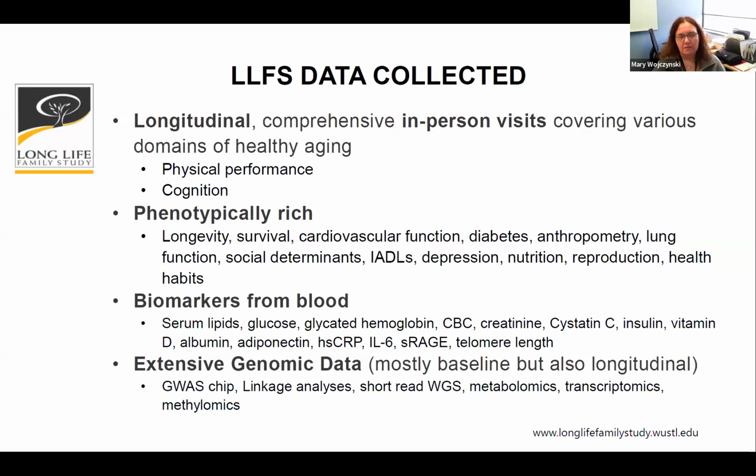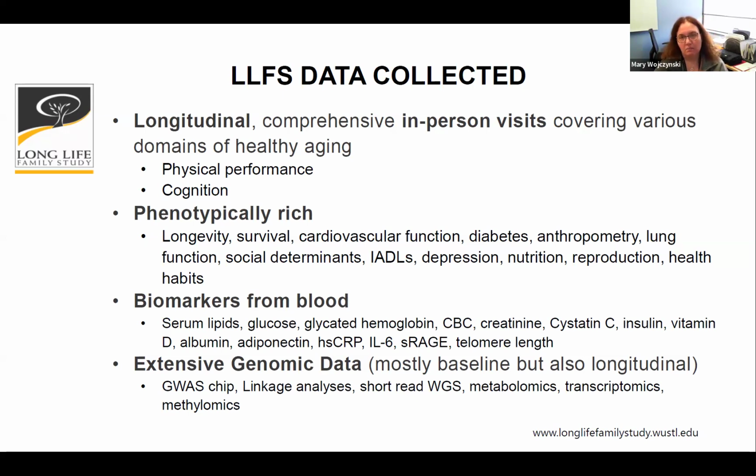Our protocols cover various domains of healthy aging. We have a lot of physical performance and a large cognitive battery. We have information on longevity and survival, cardiovascular disease, diabetes, anthropometry, activities of daily living, most of the types of variables you'll see in epidemiological studies.